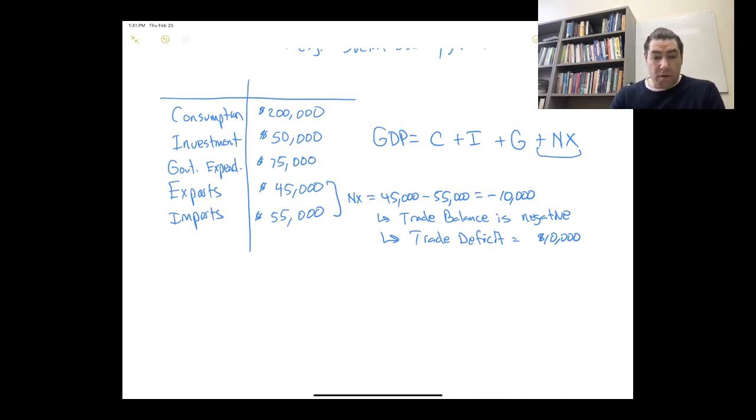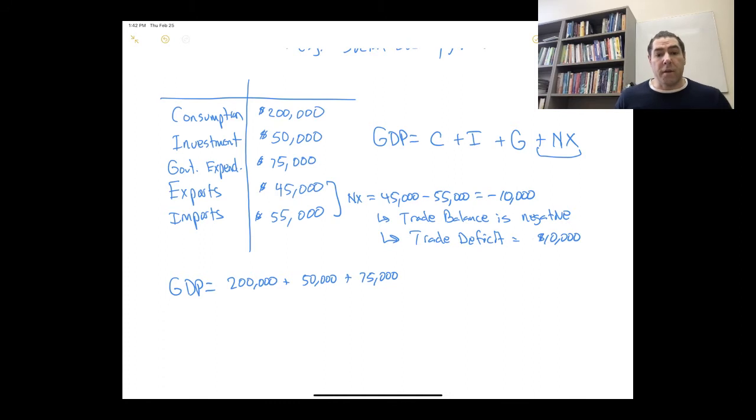Okay, so then all I have to do is just add all this up, right? So my GDP is my consumption, 200,000, plus my investment of 50,000, plus my government expenditures of 75.